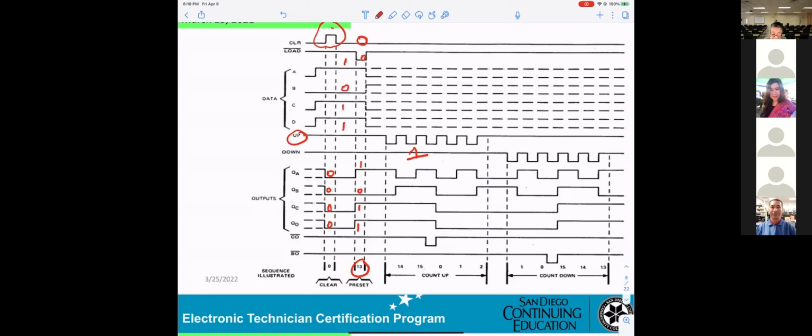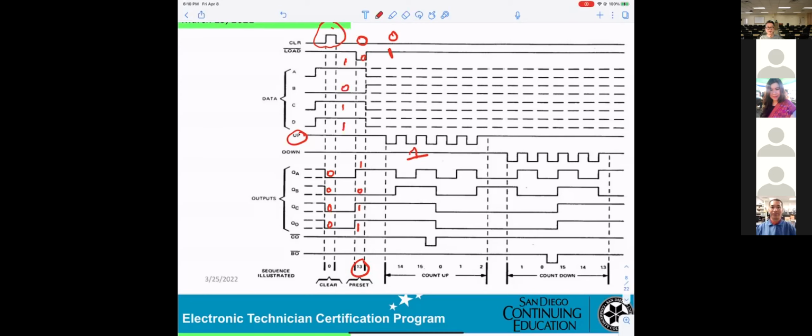You going up, you see clear must be 0 and load must be 1 for count up. So basically, one clock, they will count 1 number.